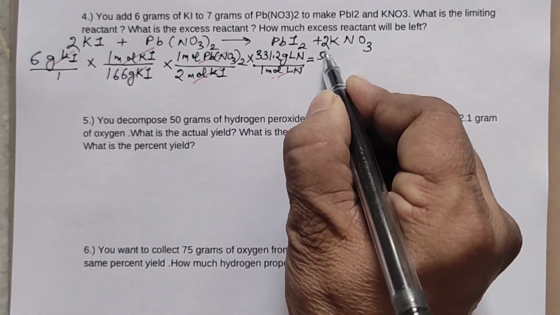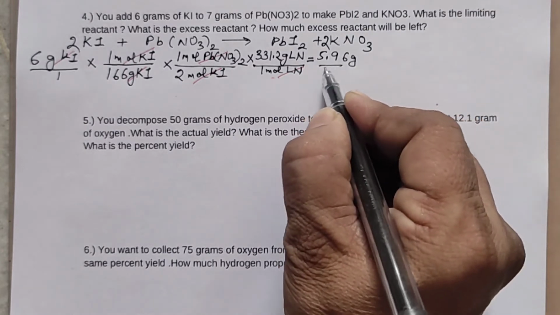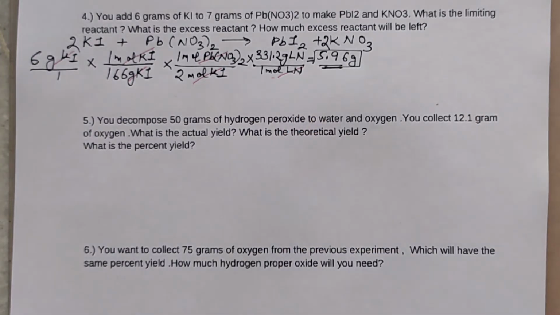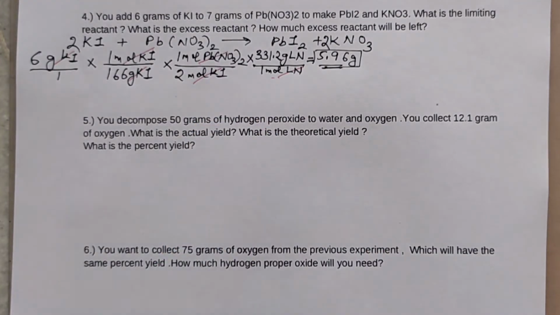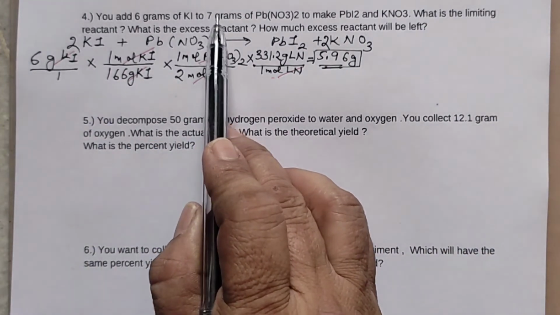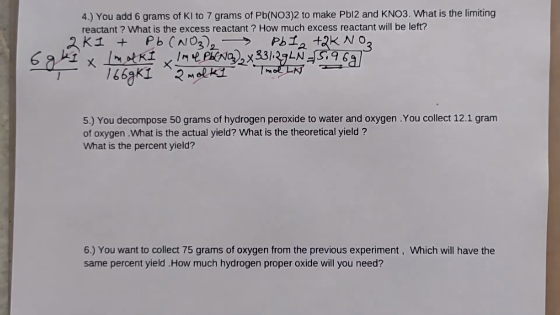You get the answer as 5.96 gram. We require only this much of lead nitrate. But how much are you having? You are having 7 gram. So actually your game is over here. You know that 6 gram requires only this much, but you are having 7 grams. So that means this is the excess reagent, and this is the limiting.